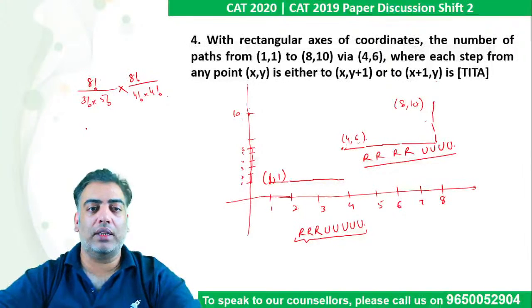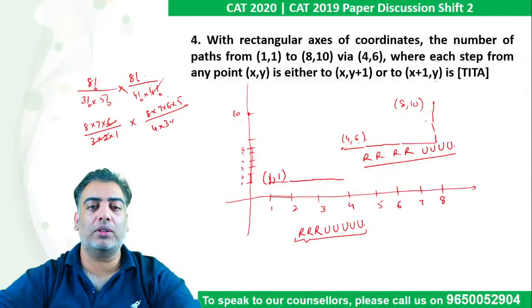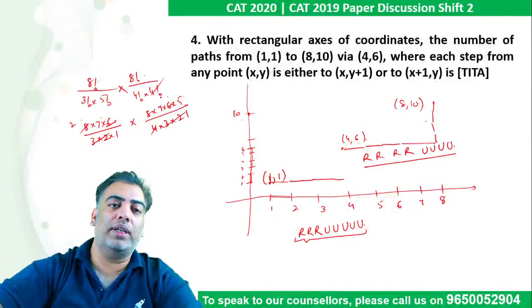So in this case, 8 into 7 into 6, 5 factorial gets cancelled out, upon 3 into 2 into 1, 6 gets cancelled out, multiply by 8, 7, 6, 5, 4 factorial gets cancelled out, 4 factorial is 4, 3, 2, 1. So 6 gets cancelled out here. 4 times 2 gets cancelled out. So it is 2 into 7 into 8 into 7 into 5.